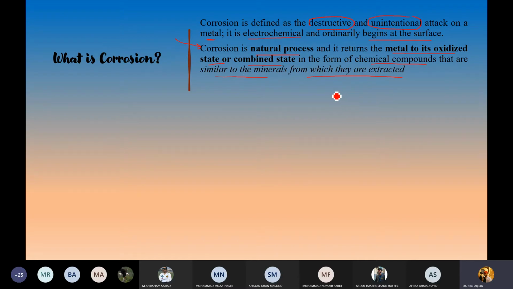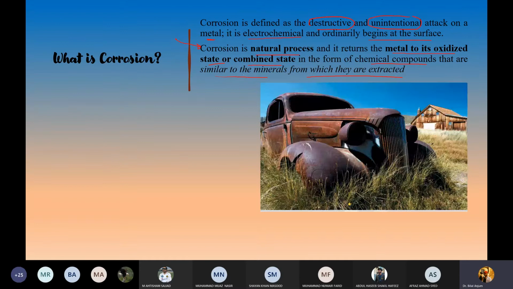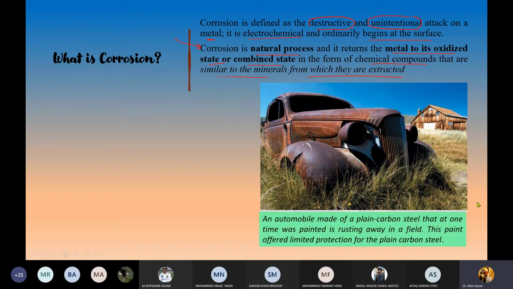Now, if you look at this car body, it's an automobile that was made up of plain carbon steel. You could recall that plain carbon steel only has iron with a small amount of carbon in it. It was at one time painted, and is now rusting away in the field.